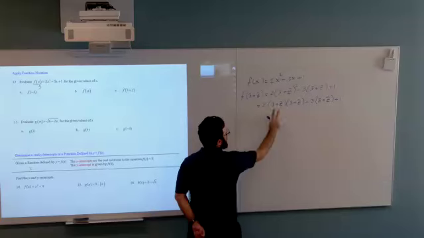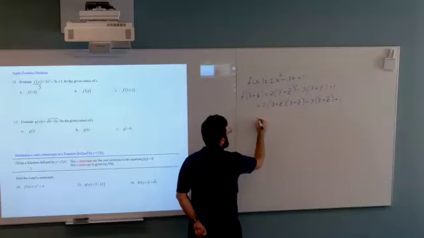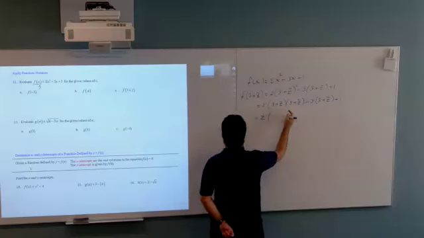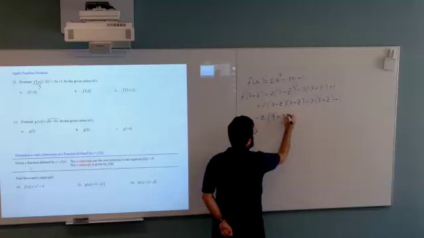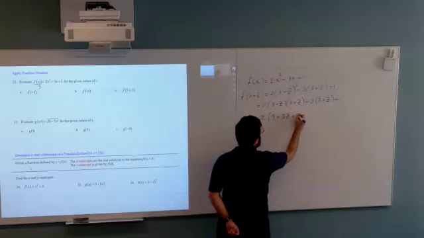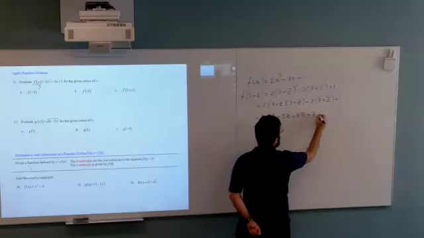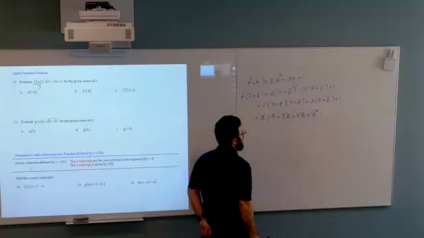Which one are you going to choose? You're going to FOIL this one first, and there's a 2 here. 3 times 3 is 9. 3 times z is 3z, that's 3z again, plus z squared. Is that okay?